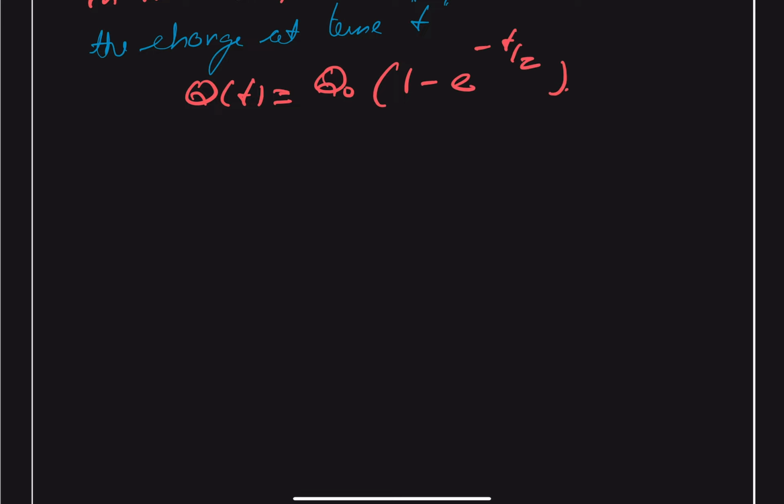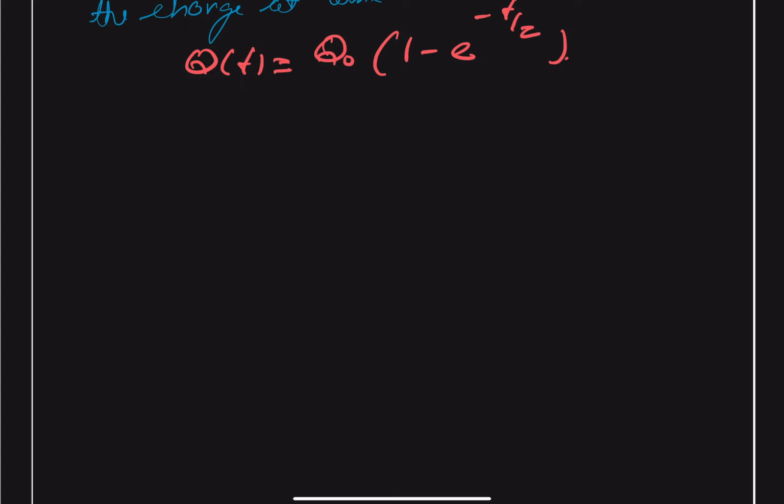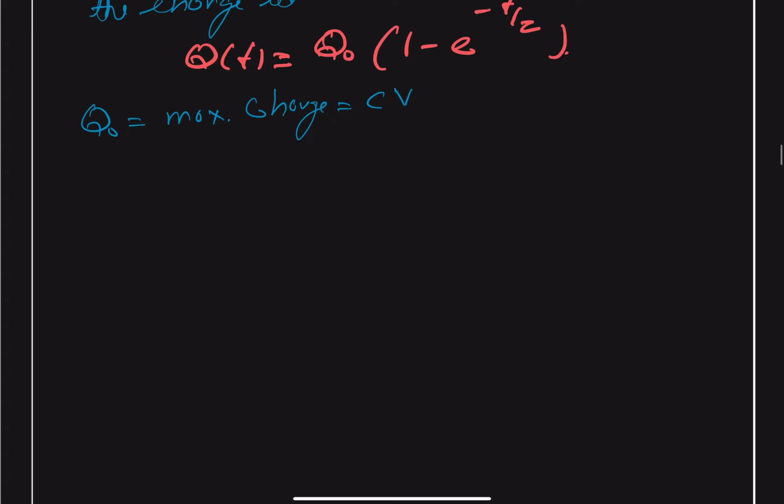Q naught is the maximum charge, which will be given as C multiplied by V, and tau is our time constant, given as RC.